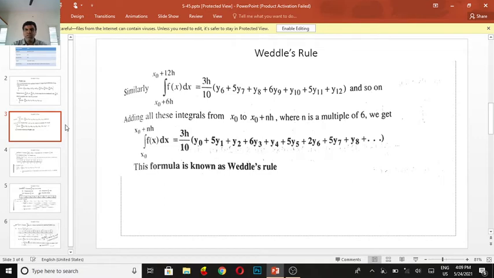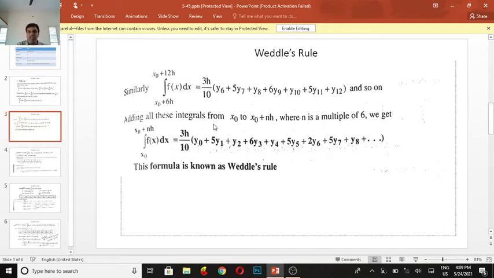and so on. Adding these terms, the integral is from x0 to x0 plus nh, where n is a multiple of 6. The intervals are x0 to x0 plus 6h, x0 plus 6h to x0 plus 12h, x0 plus 12h to x0 plus 18h, and x0 plus 18h to x0 plus 24h. Each interval should be 6 times h.